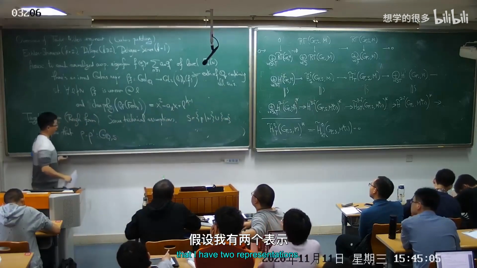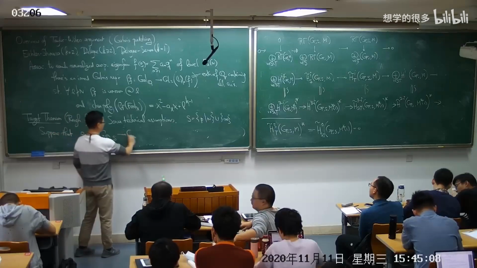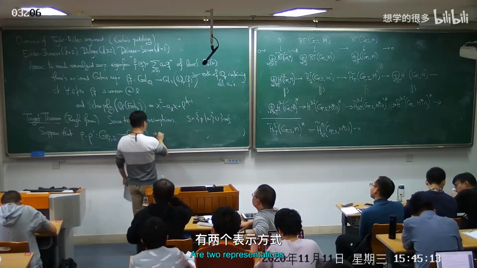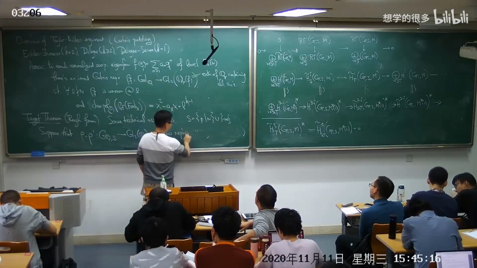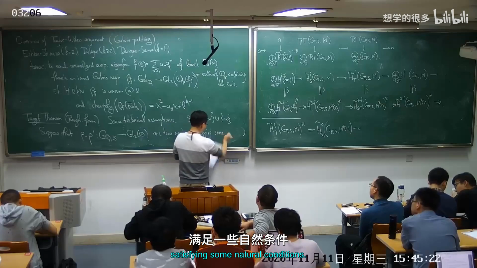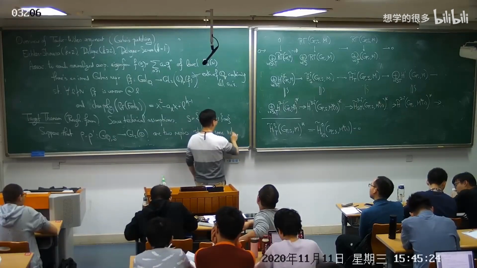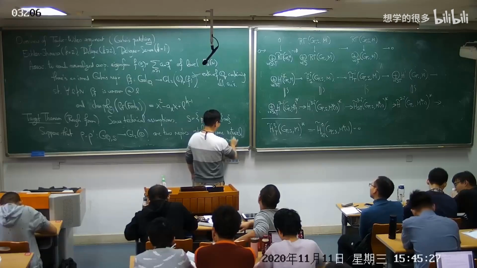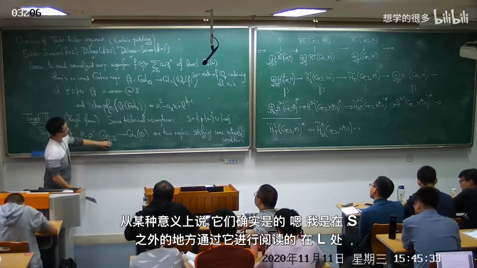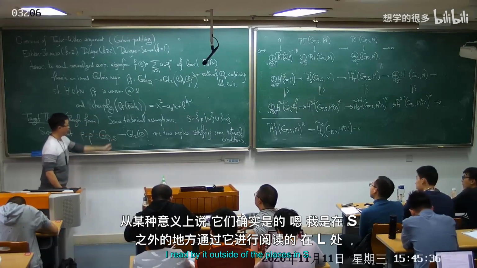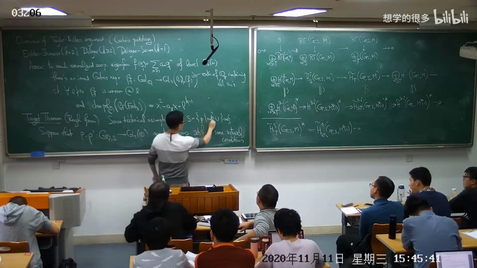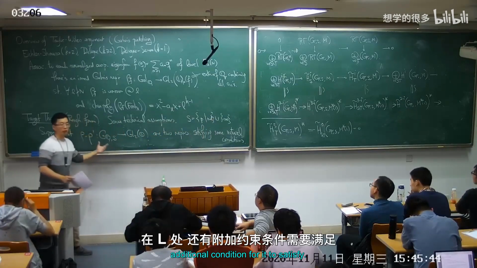Okay. So suppose that I have two representations satisfying some natural conditions, in the sense that they are unramified outside of the places in S, and at l, at a particular p dividing l, there's an additional condition for it to satisfy.